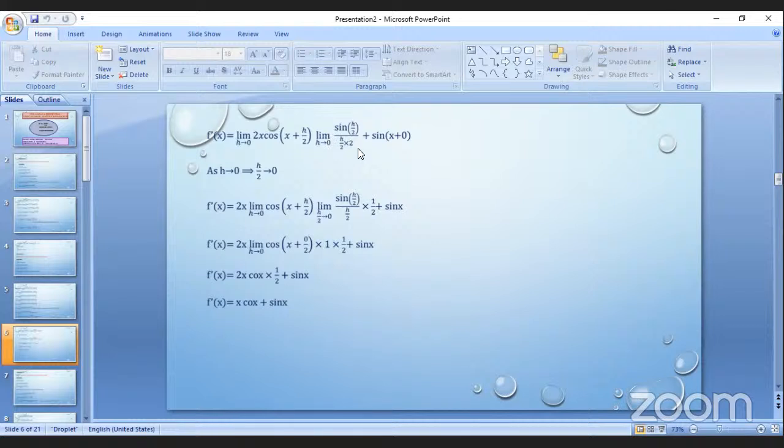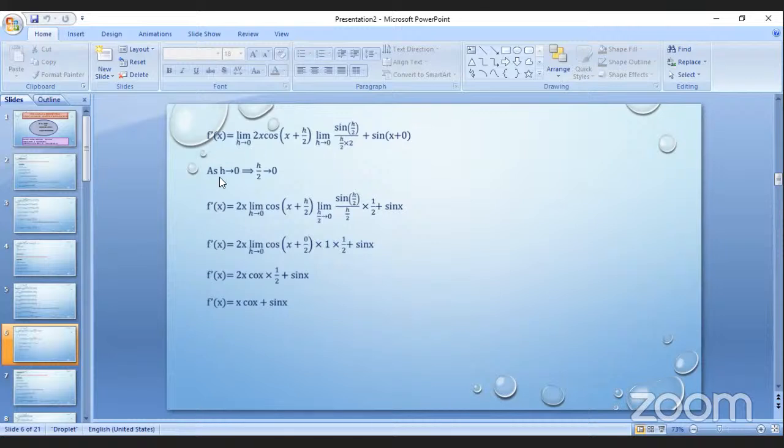So here multiply and divide with 2: sin(h/2) by h/2 into 1/2, plus sin(x+h). Apply the limit here: in the place of h we put 0, sin(x+0).